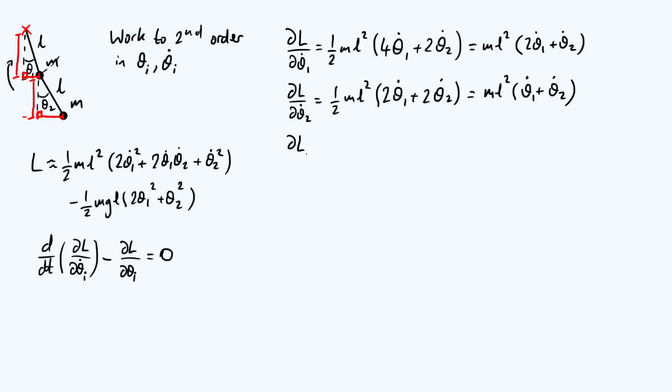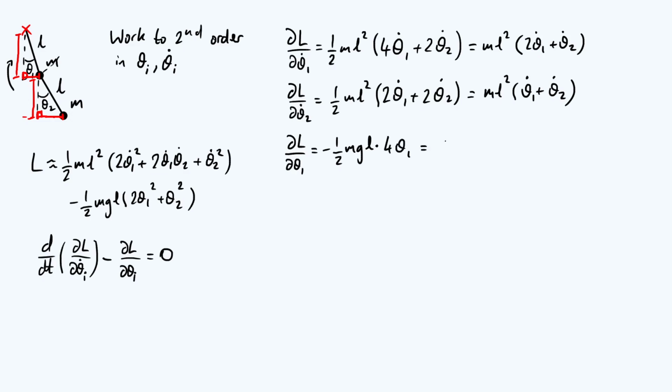Now let's do ∂L/∂θ₁ itself. This time we don't get any contribution from the first part of the Lagrangian, which was the kinetic energy. We only get a contribution from the potential energy. So we get a minus 1/2 mgl. If we differentiate this stuff with respect to θ₁, we just get a 4θ₁, from the 2θ₁².